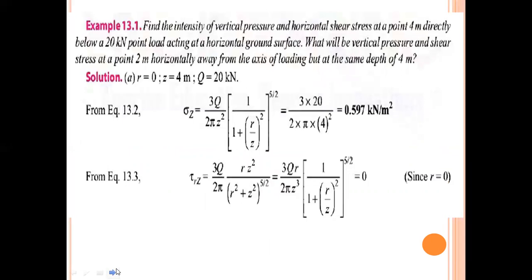Find the intensity of the vertical pressure and the horizontal shear stress at a point 4 meters directly below a 20 kilonewton point load acting at the horizontal ground surface. What will be the vertical pressure and shear stress at a point 2 meters horizontally away from the axis of loading but at the same depth of 4 meters?